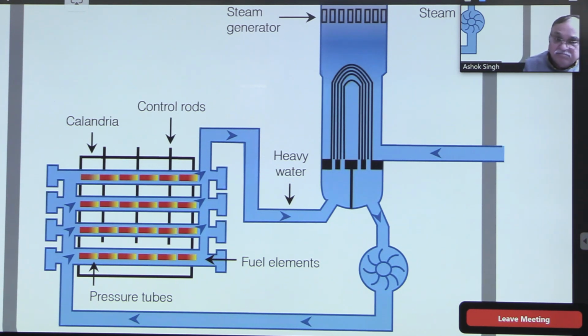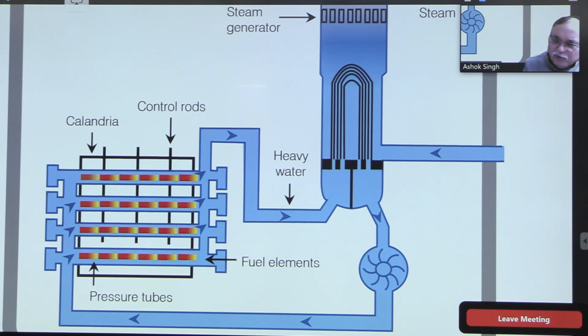As you can see, there are control rods separately. The heavy water is acting as the moderator. The control rods are made of metals. And then there are other components also, pressure tubes, because you have to maintain high pressure on the heavy water. Fuel elements, those are the uranium rods that would be used, and so on.